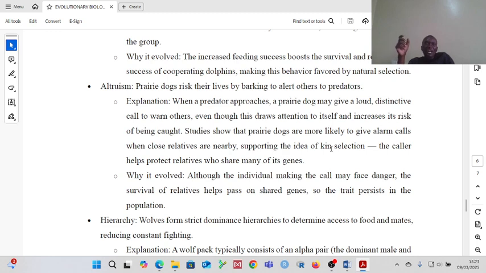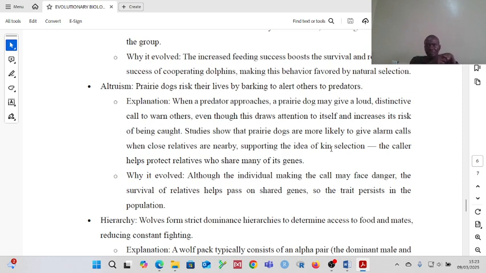But this loud call can easily draw the attention of the predators to this dog that made that noise. Sasa, because the predator imesikia penye sauti imetokea, kuna uwezekano hiyo predator iende ikule hiyo umbwa yenye imepiga kelele. Okay?